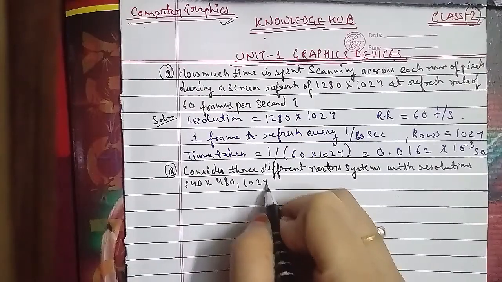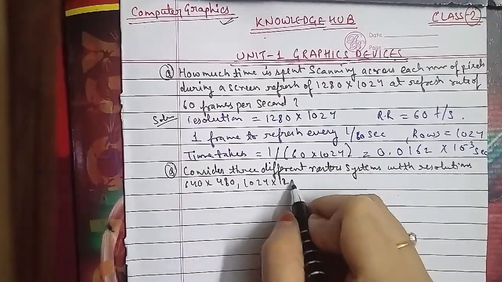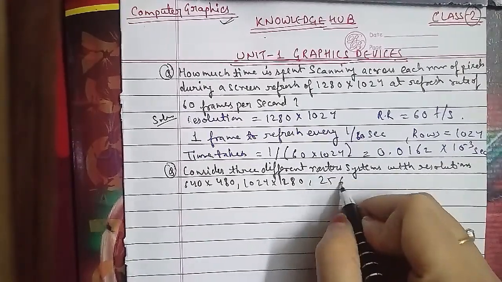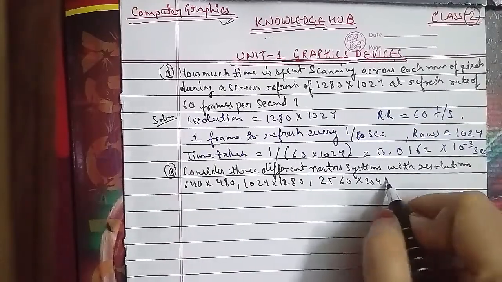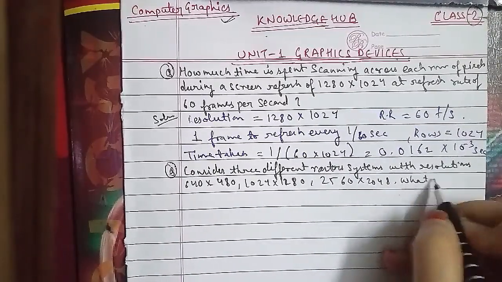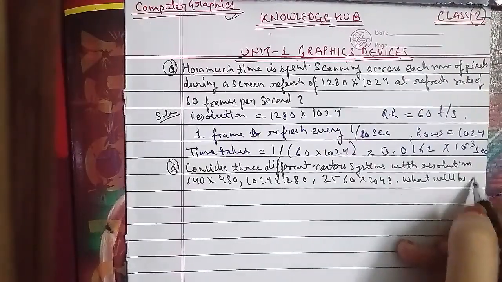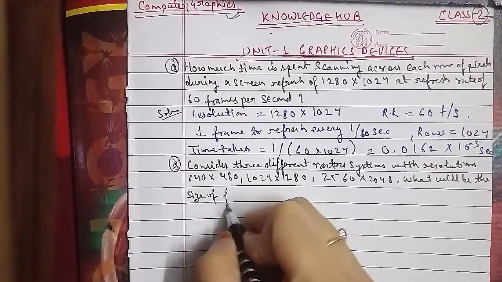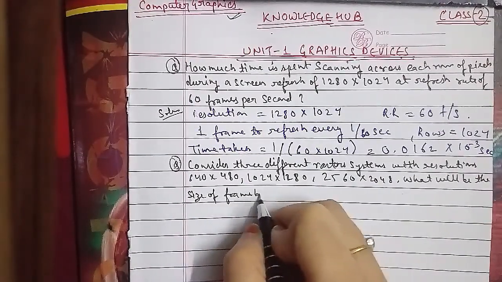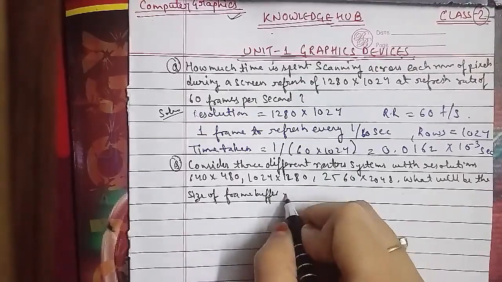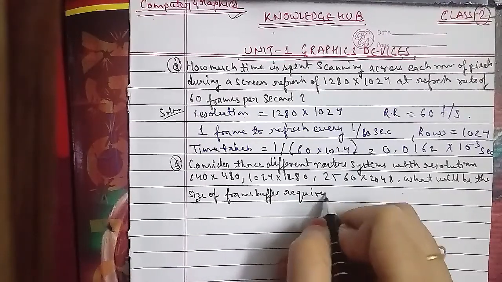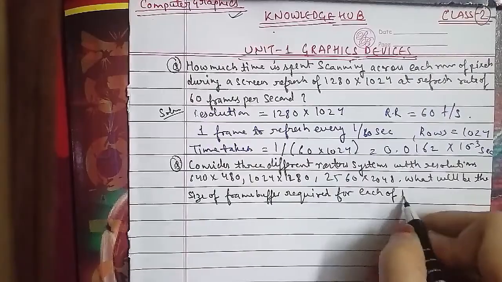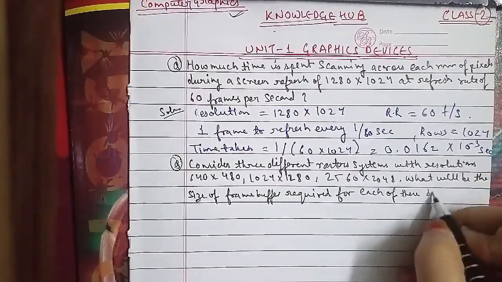What will be the size of frame buffer required for each of these systems to store 12 bits per pixel?